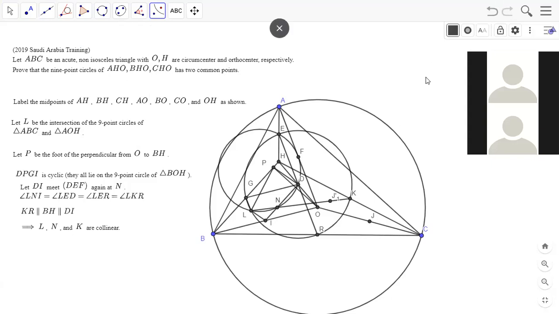But I think this idea still probably works. Do we know that J prime is on that line? No. Oh, but we just noticed it. Okay.